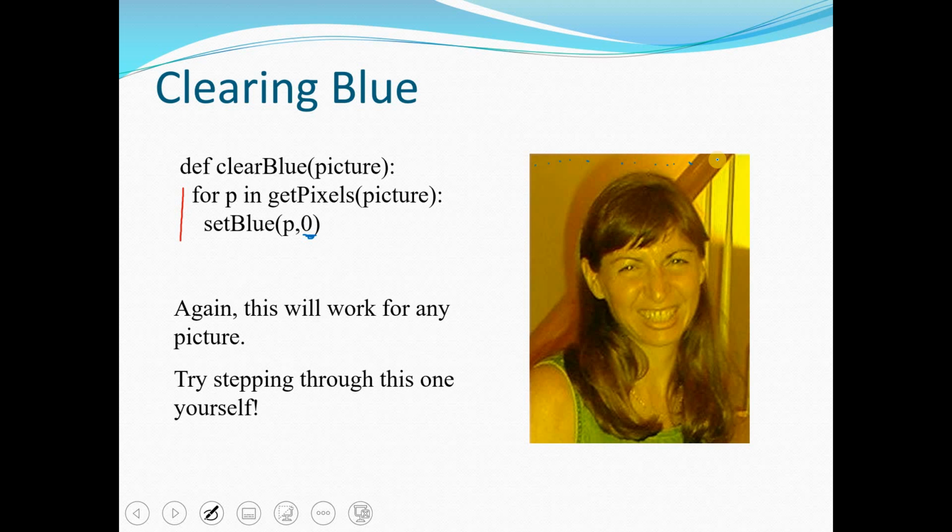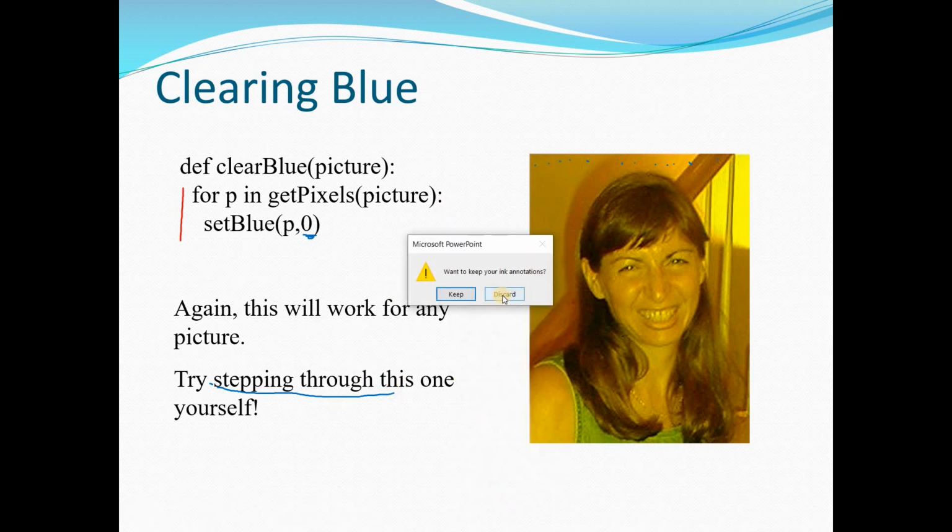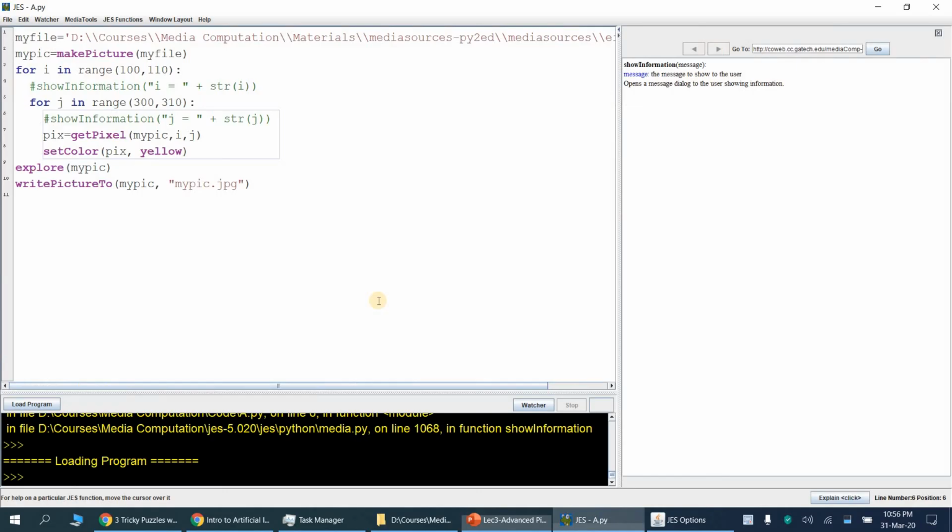Okay. And again, if you are not clear, try to use the same method I showed you, show information. Try stepping through this code. Try to see what happens in your code. Okay. I didn't try, but can we use the stepping method with printing the colors? Let's try.